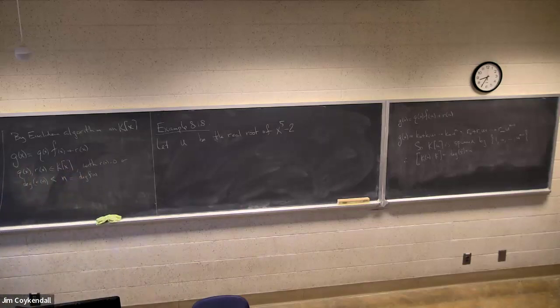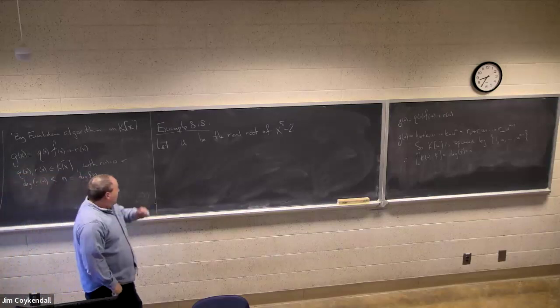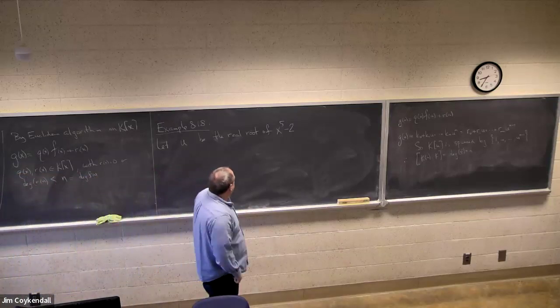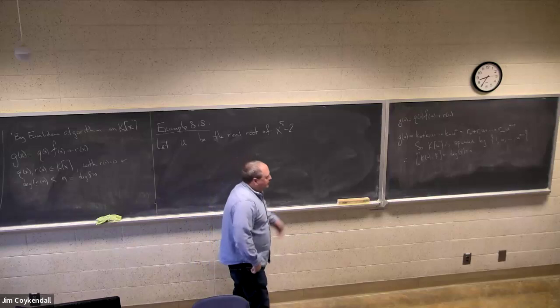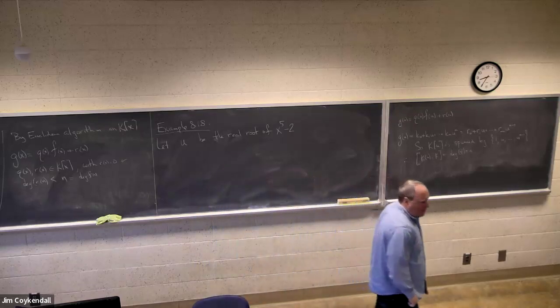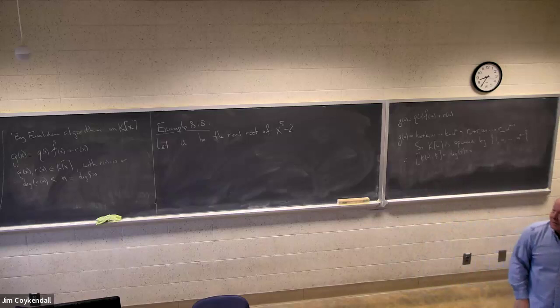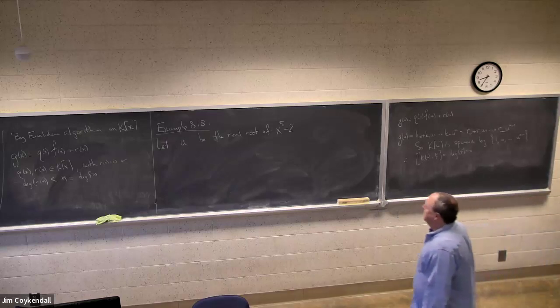If you look at this polynomial here, this polynomial is an increasing polynomial, and of odd degree. So it has to have a real root. And the fact that it's increasing means you've only got one of them. And if you think about it, what are the roots of this? Well, you've got the real fifth root of 2. And then you've got 2 pairs of complex conjugate roots.